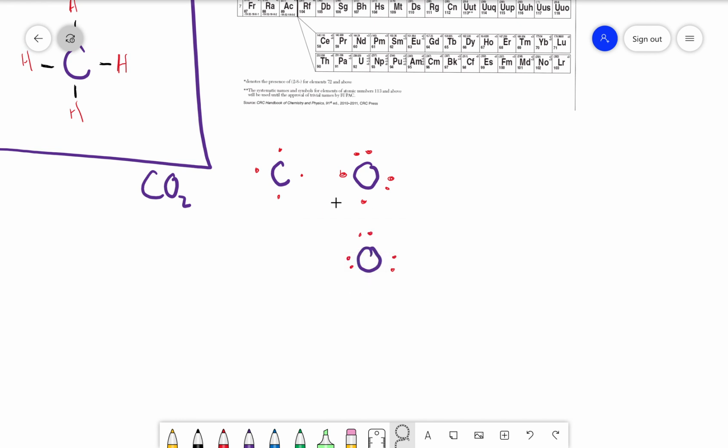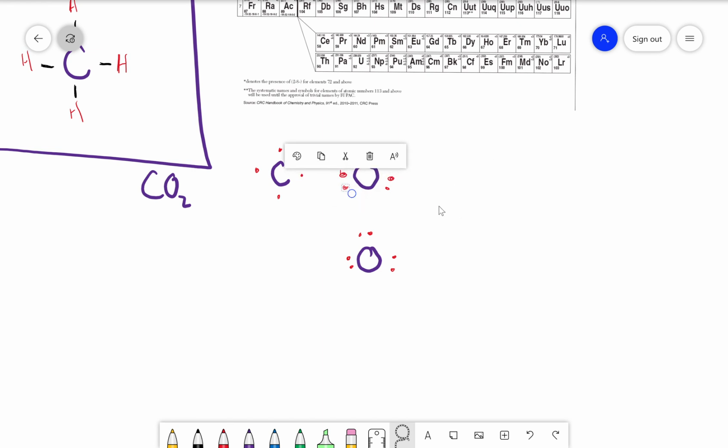And we can move one of these electrons right here to, let's say, this side. Because it's impossible to share in 2 places at once, right? We can't have this carbon that we want to attach share with this electron right here and this one right here at the same time. It's not possible. So we move those electrons over to one side to make it possible to share 2 at once.